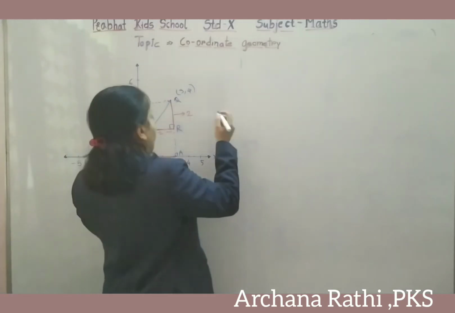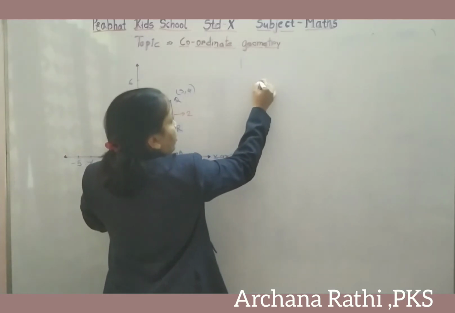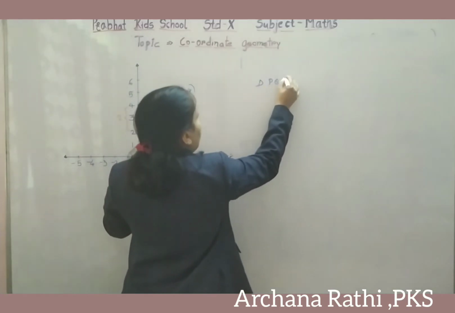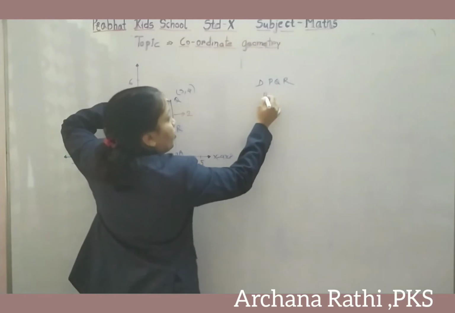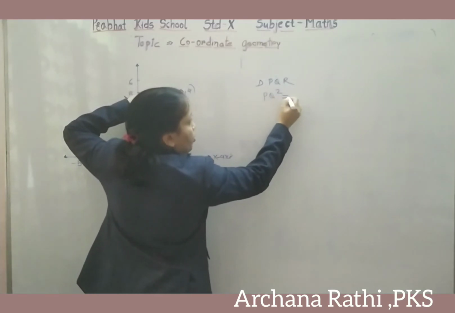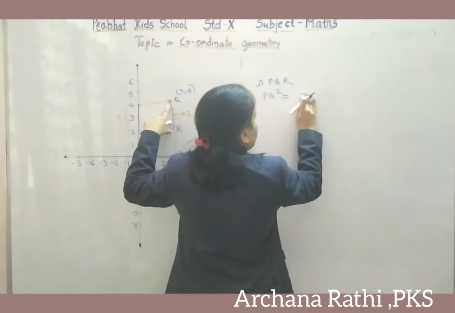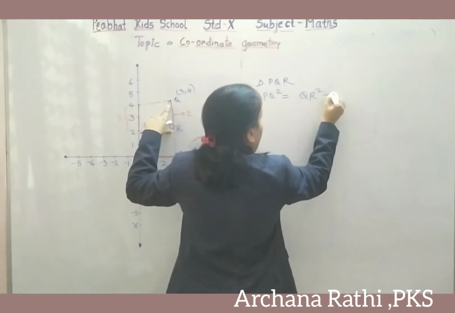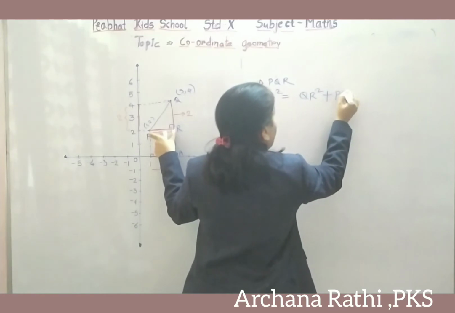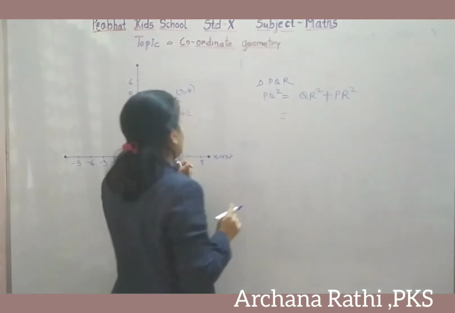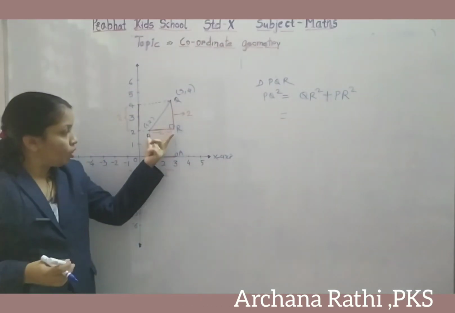Now by applying the Pythagoras theorem in triangle PQR, you know that PQ is the hypotenuse, therefore PQ square is equal to QR square plus PR square. Again keep in mind, draw the perpendicular.